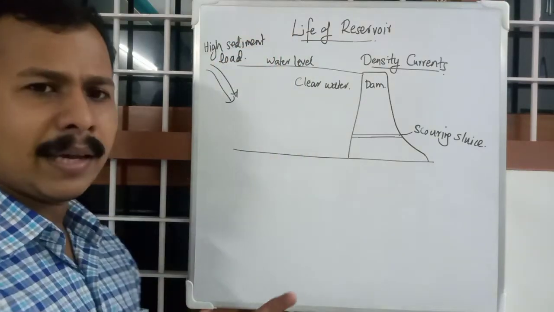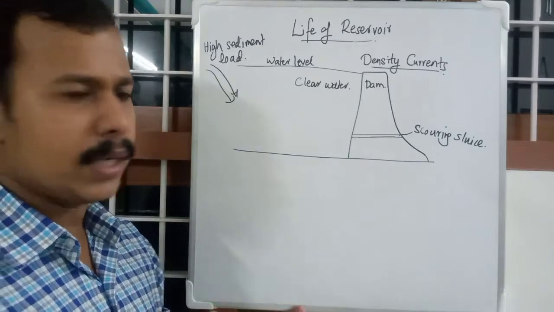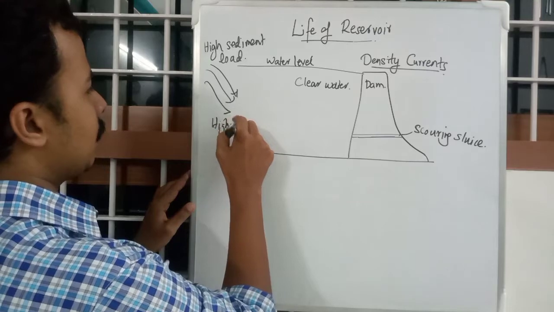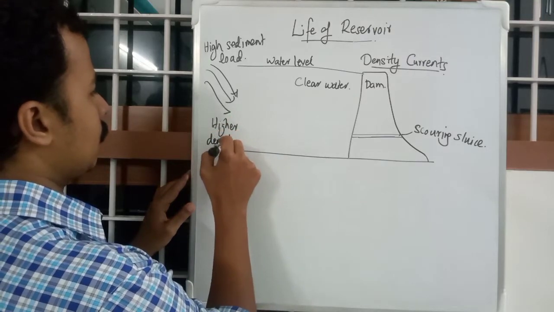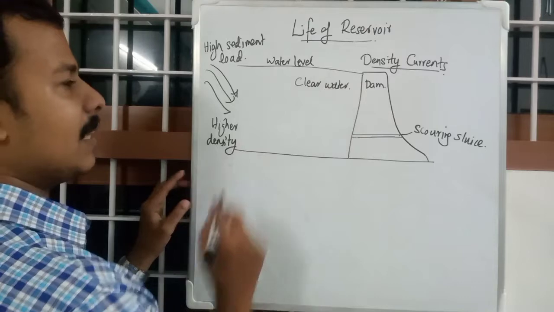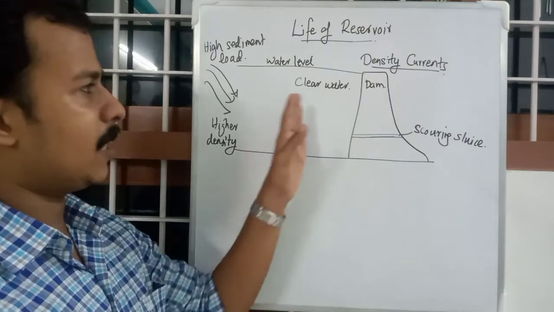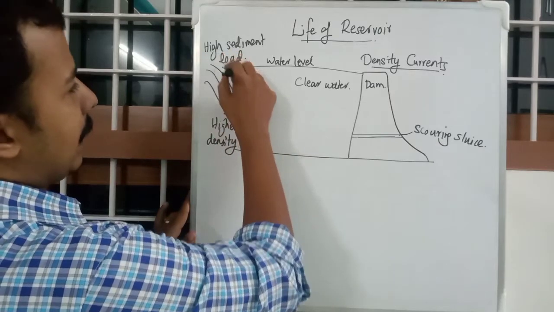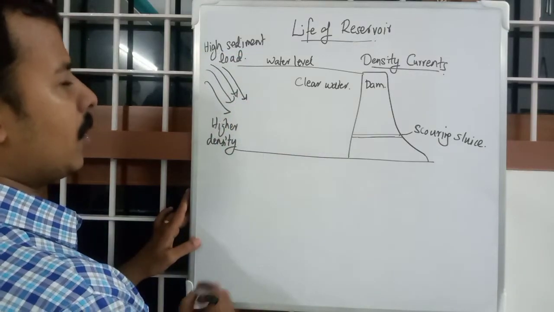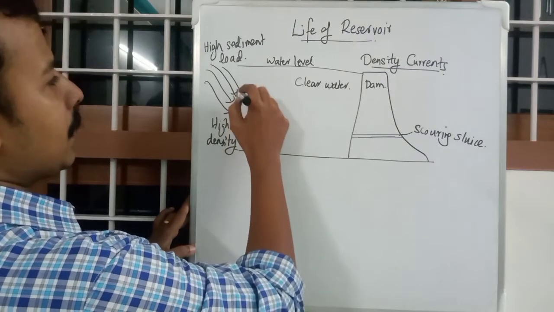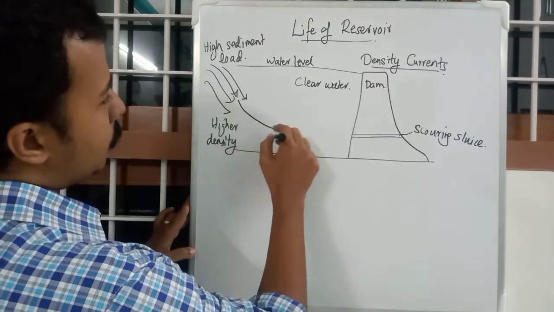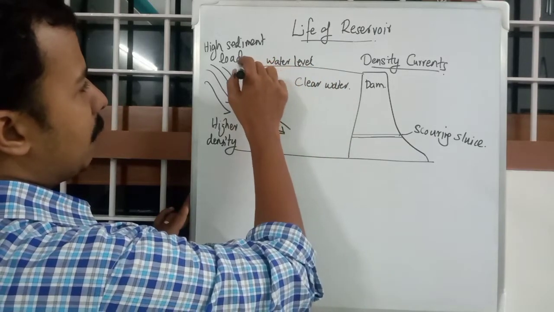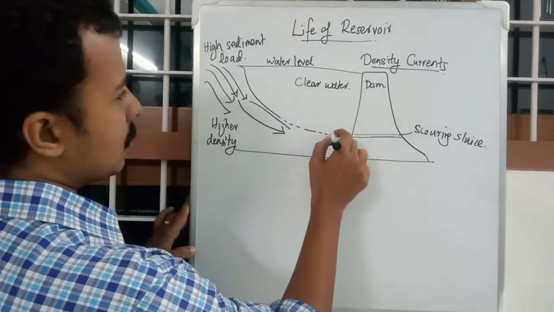Okay, so it will be like a colloidal fluid, and it will have a higher density, obviously, than the clear water that has been stored in the reservoir. So this higher density silt colloidal particle fluid will be flowing below the clear water like this, where the clear water will be contained in this space.